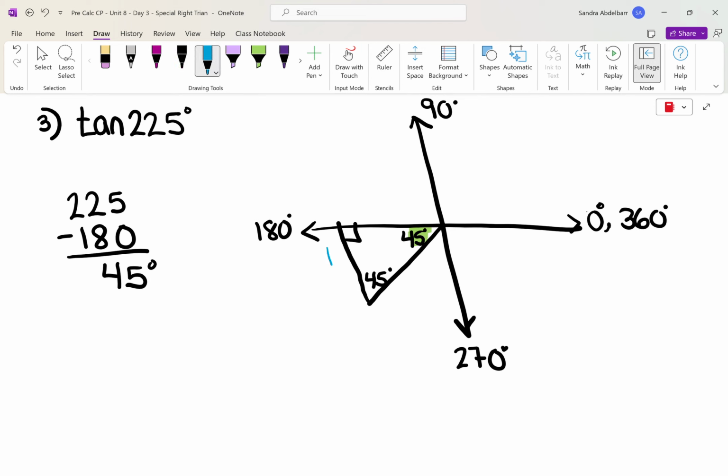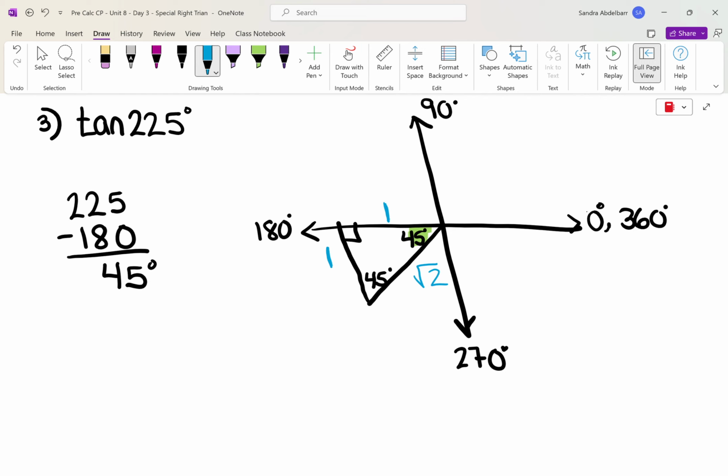Okay, so now for 45, 45, 90, opposite the 45s are 1 and 1. Opposite the 90 is root 2. But after I fill in the triangle, what was the step you guys were sometimes forgetting? Go back and figure out which sides need to be negative. So you tell me, Stephanos, is the hypotenuse ever negative?